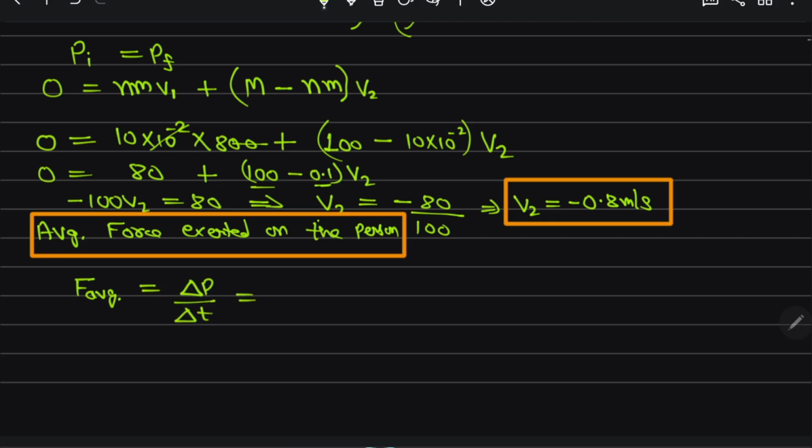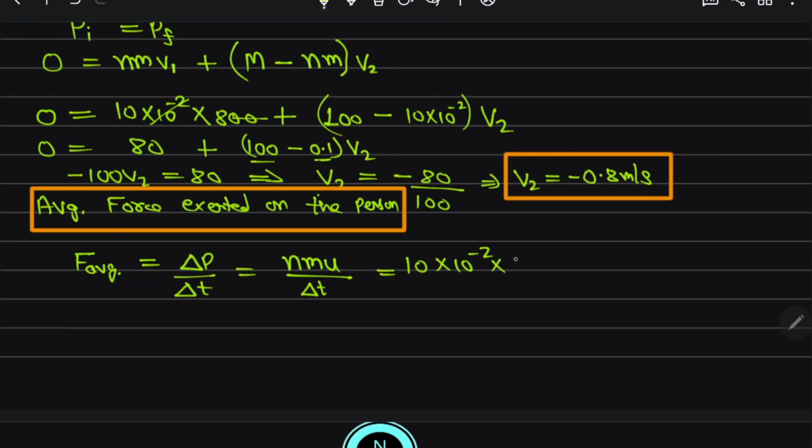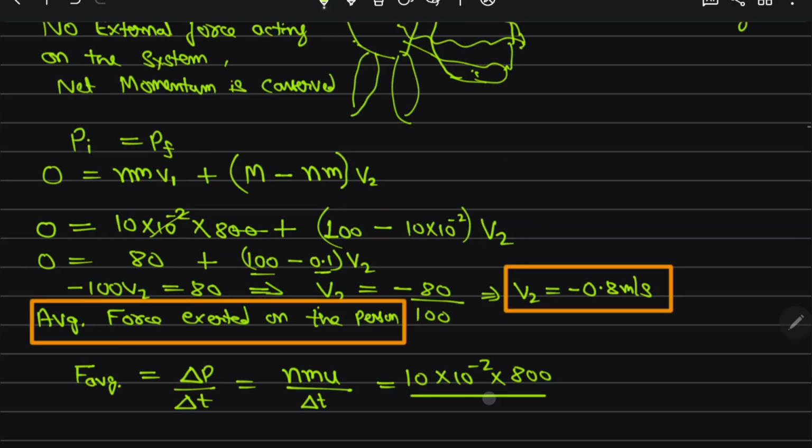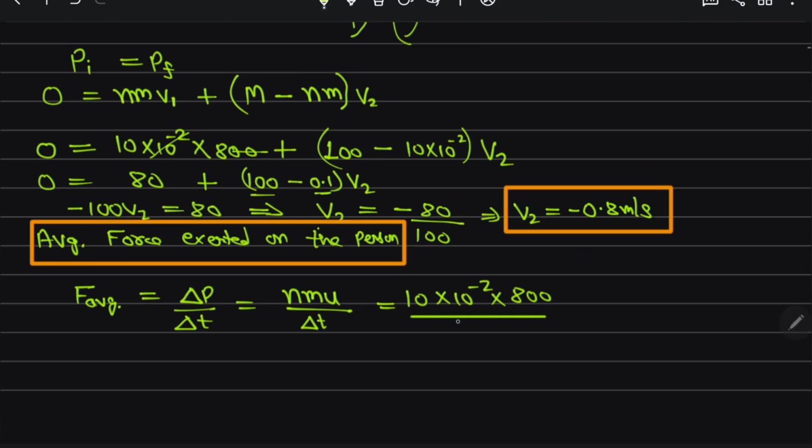Here in 10 seconds we have shot 10 bullets. So that amount is equal to whatever force we exert on it. So that is n m u by delta T. So here 10 bullets, I put 10 to power minus 2 and their speed is 800, divided by the time interval, 10 seconds.